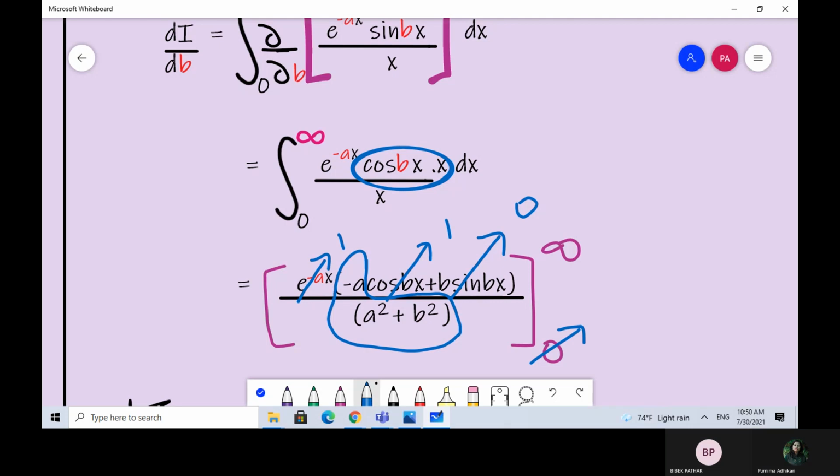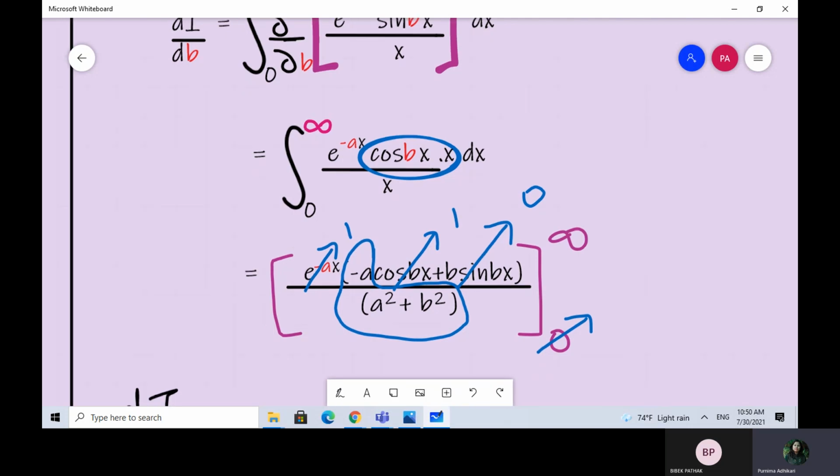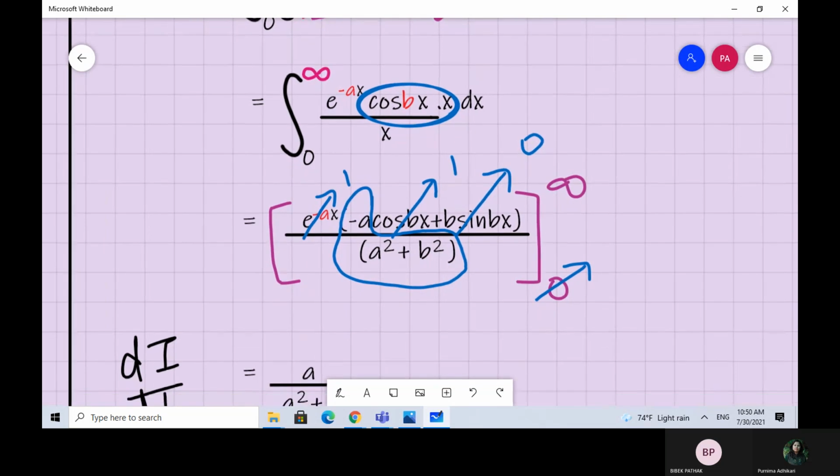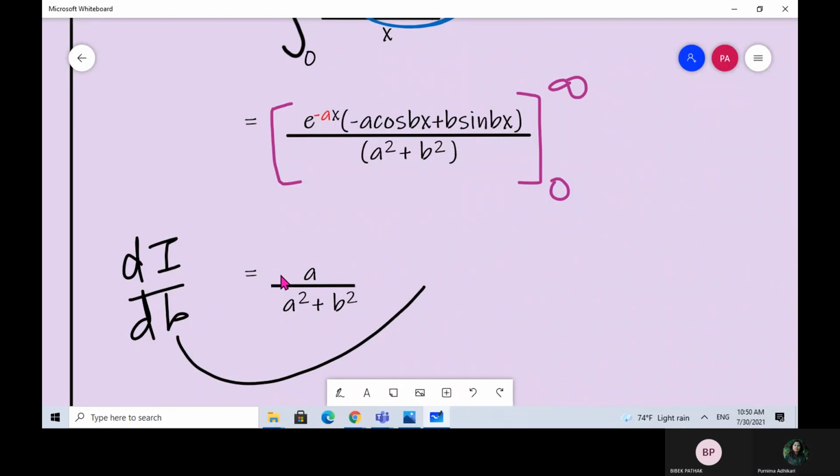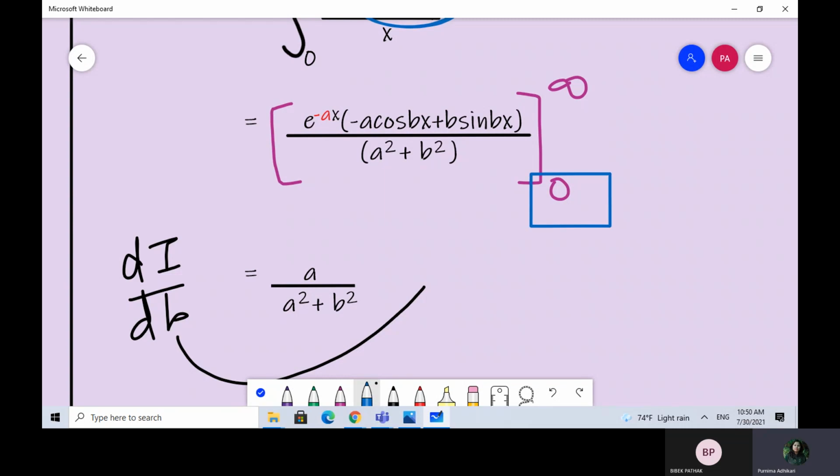Yes, exactly. So the result gets a minus, and then a plus comes. Why did plus come? Because 0 is the lower limit, isn't it? So applying the lower limit brings one more minus sign. So minus becomes plus and you are going to get a over a square plus b square.